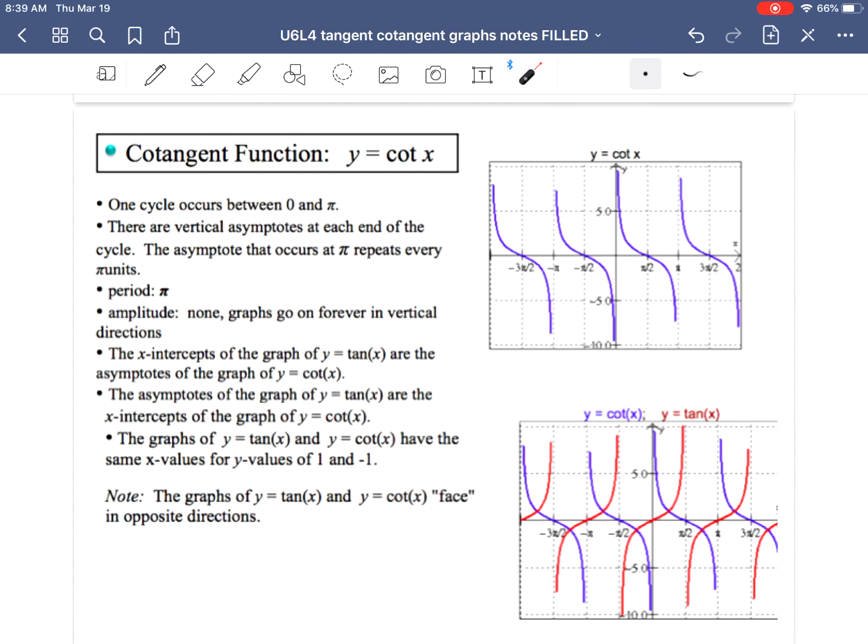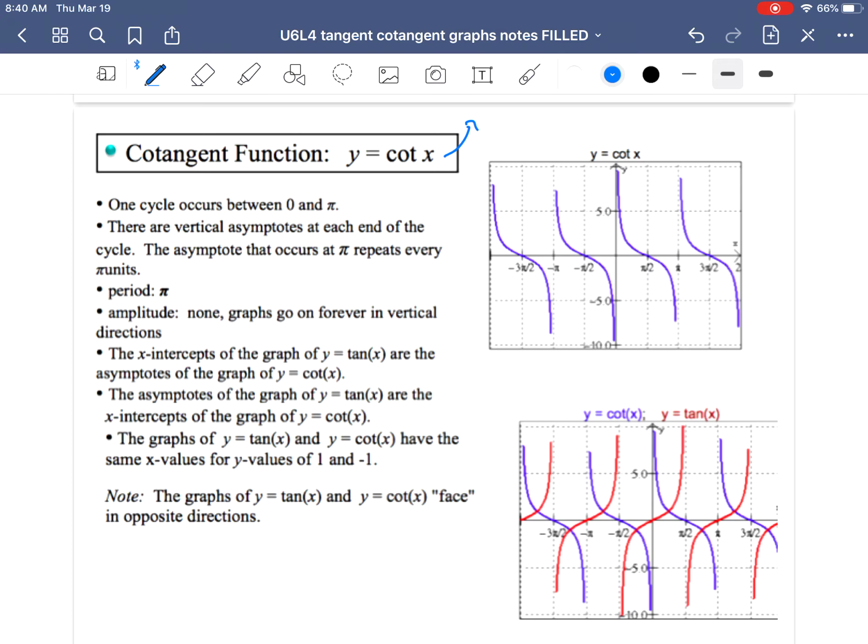For cotangent, one cycle occurs between 0 and pi. So here's x equals 0, here's x equals pi for cotangent. That's one full cycle. After you jump over, you've got a repeating pattern, a second cycle.